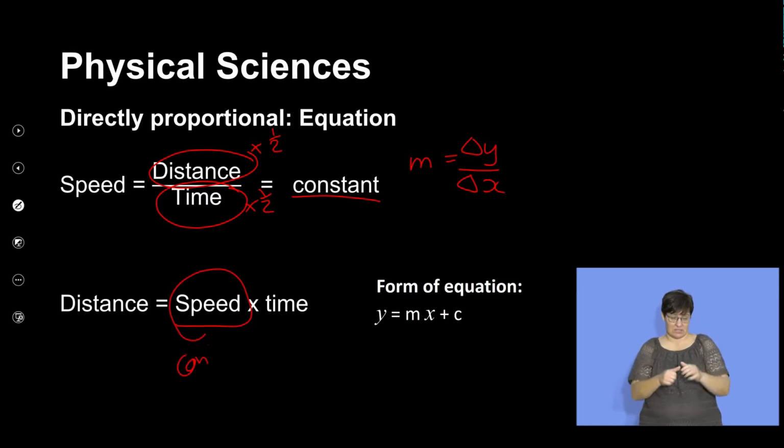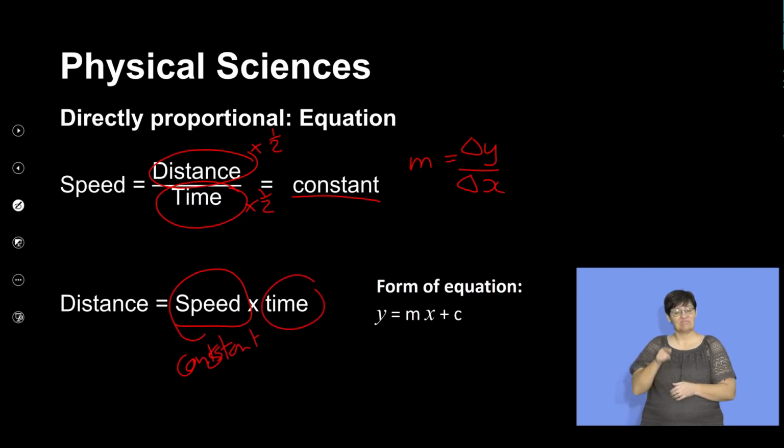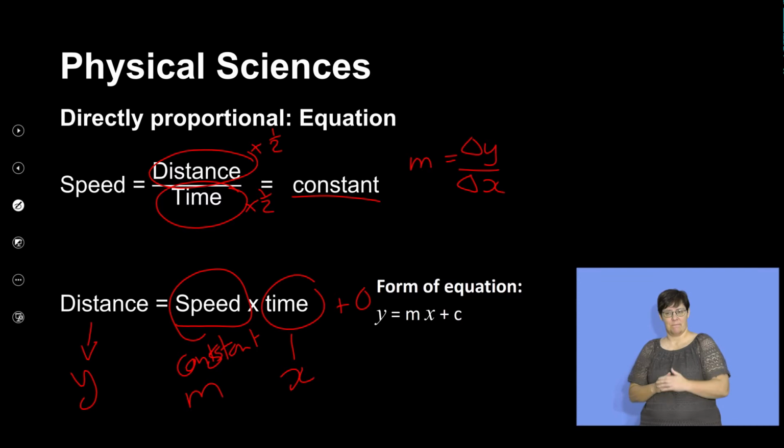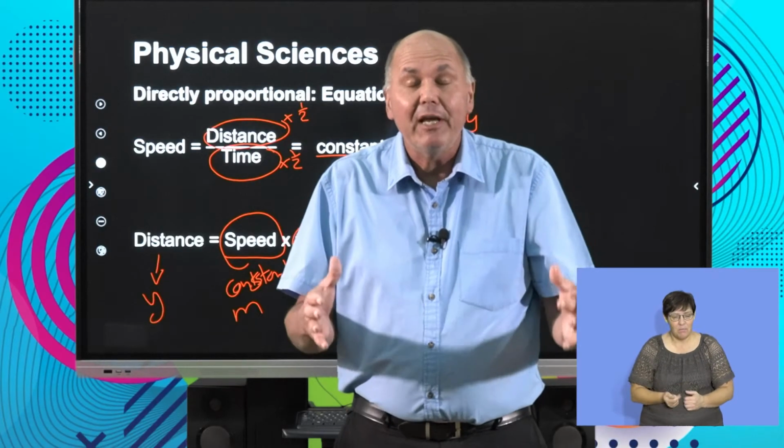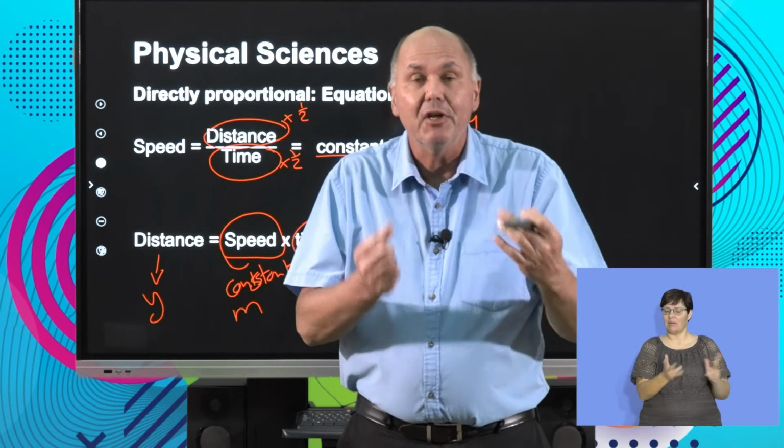This is the constant. And there's your time. And so if you compare these, you'll see that relates to the y, that relates to the x, the c is 0, and this is your gradient. How cool is that? Just by looking at a graph, we can establish an equation.